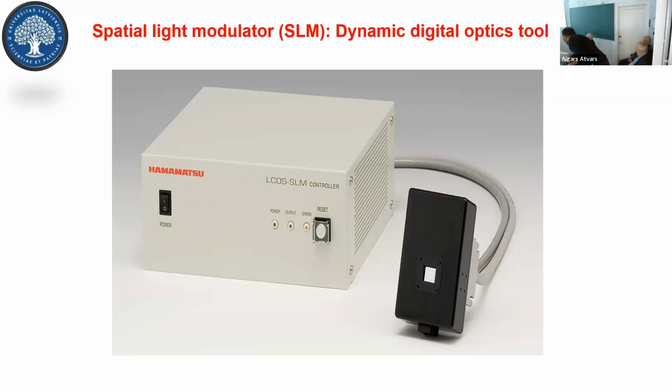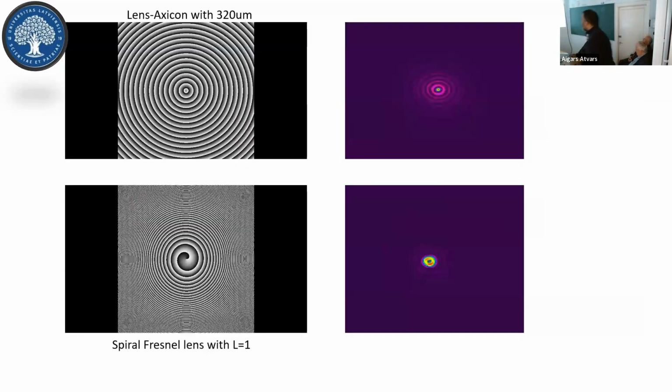If you don't want to use an Axicon, I just change the phase mask from the Axicon to one more phase mask, a spiral Fresnel lens. These two structured lights are two examples: a Bessel beam, which is a non-diffracting beam, and a vortex beam with a topological charge of 1.